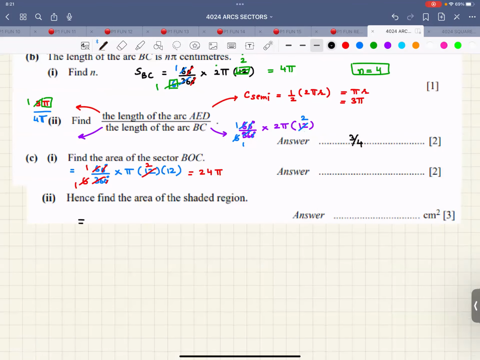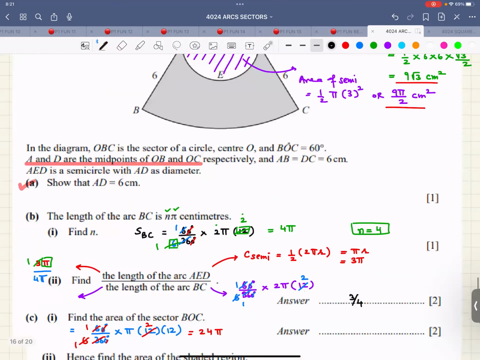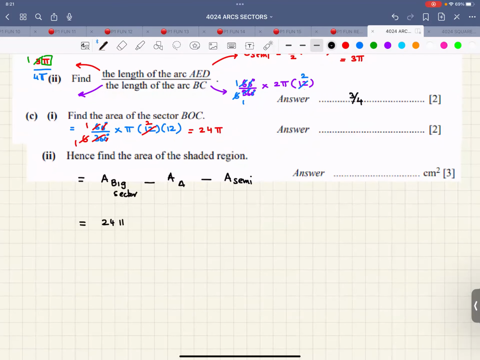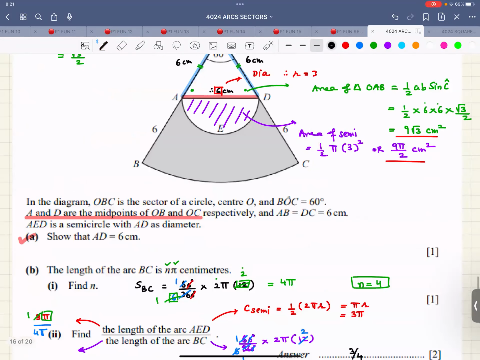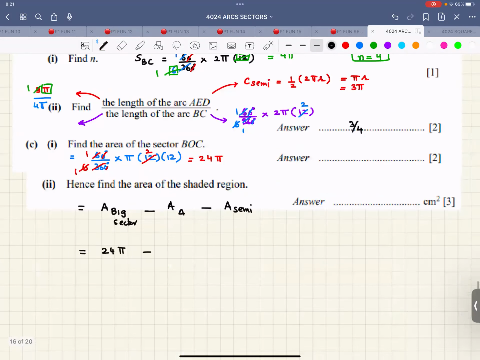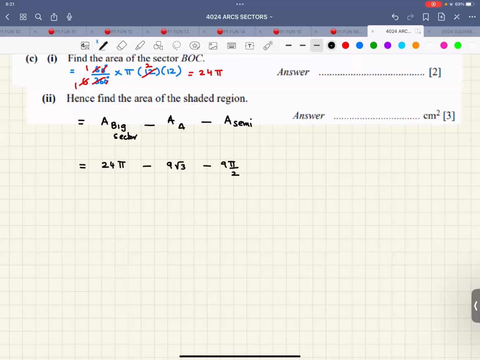So area of shaded, that is area of the big sector, minus area of triangle, minus area of semi. So this is 24 pi. We can use the calculator at the very end. Minus area of triangle, that is 9 √3, and 9 pi over 2. 9 √3 minus 9 pi over 2. Either I can leave the answer as it is, or I have to use the calculator, work in 4 SF, then give the final answer to 3 SF.